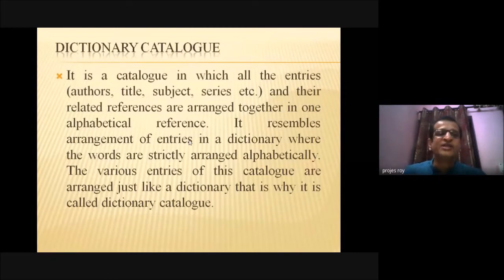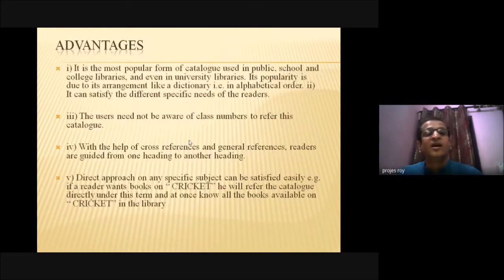So in the dictionary catalog, whatever the entry is, it will be arranged in alphabetical order, right? Whatever the terminology will come, it will be arranged accordingly.